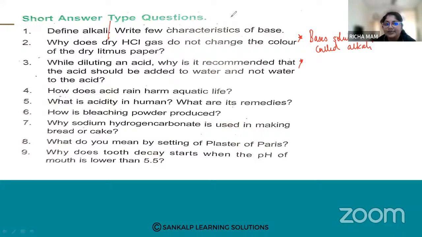Characteristics of a base. How are you going to answer? First, starting with the taste, bases taste bitter. They are soapy to touch. They have pH greater than 7.